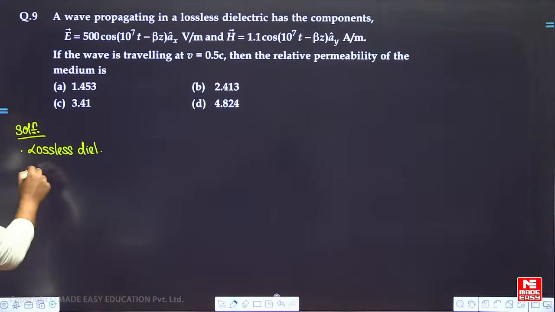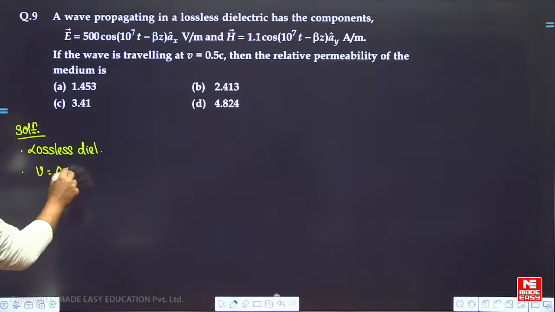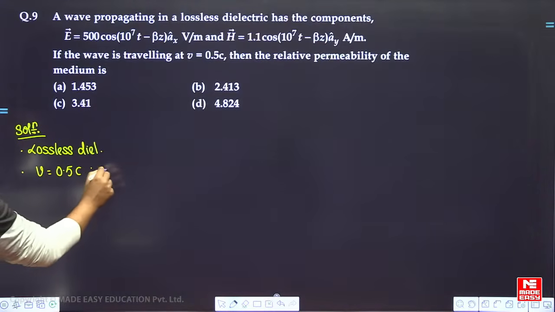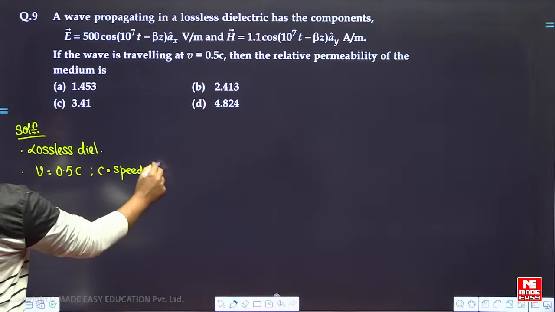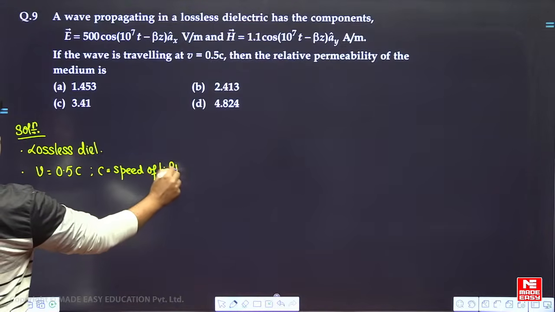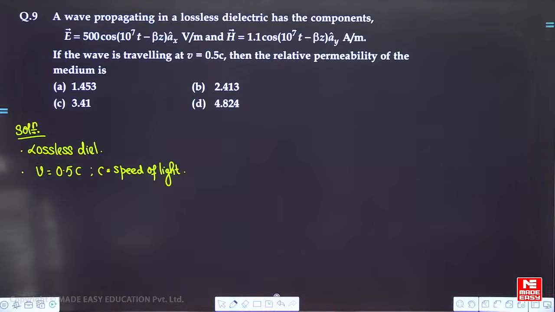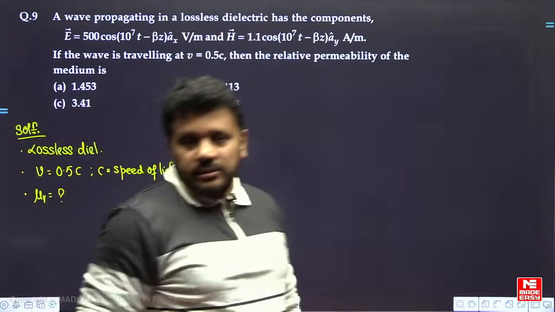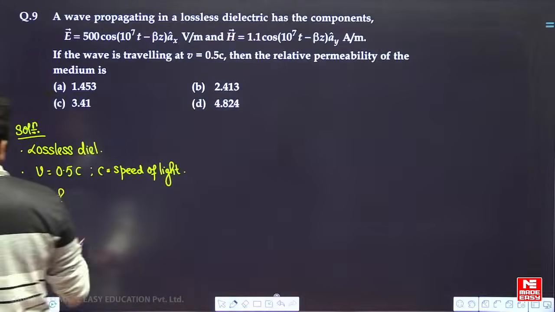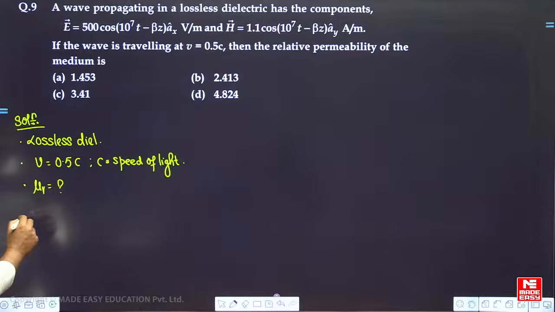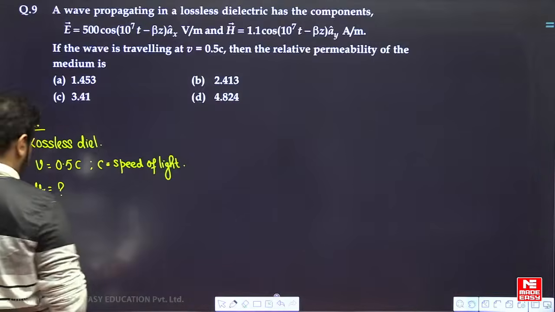The wave is traveling with a velocity v equal to 0.5 c, where c is nothing but the speed of light. Then the relative permeability of the medium will be how much? They are asking what is the value of mu r. Got the question? Now how will you solve it? See, here I will write.